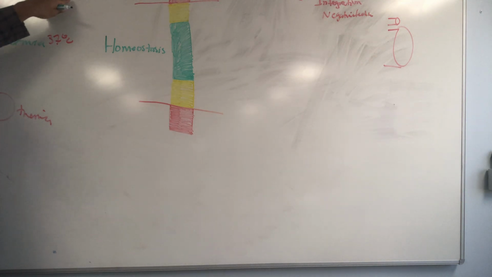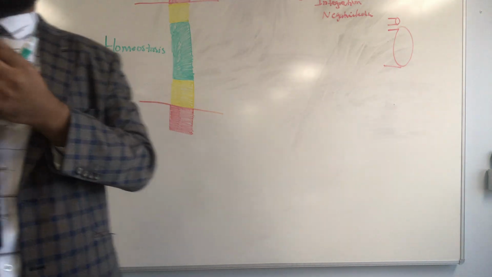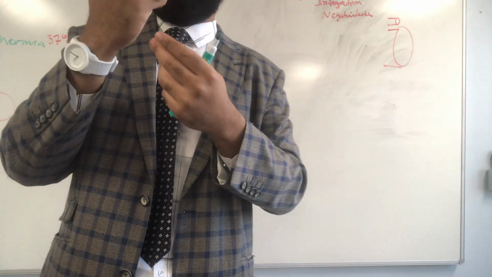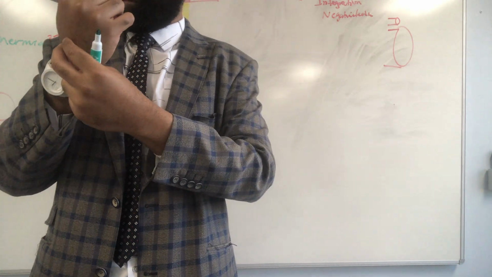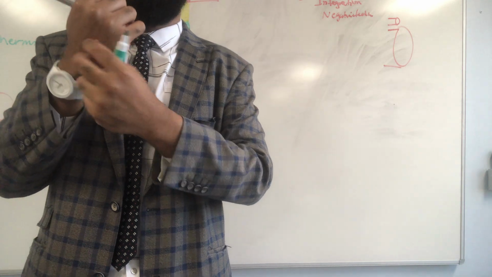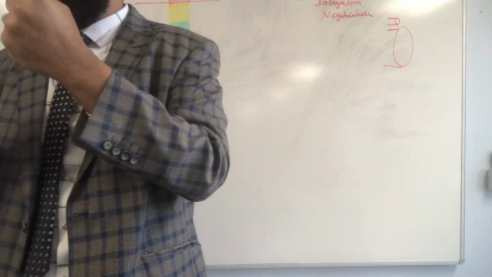So now, what's going to happen is, it is so hot, blood is shunted to the periphery. What's going to happen now? The heat is going to flow from our blood vessels into the air.